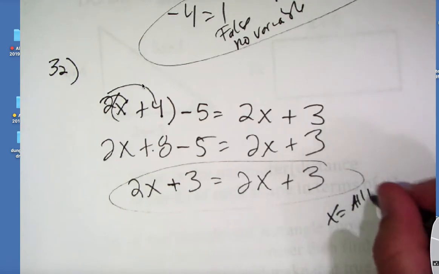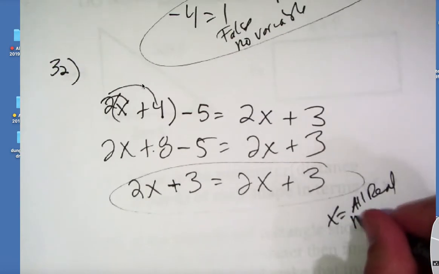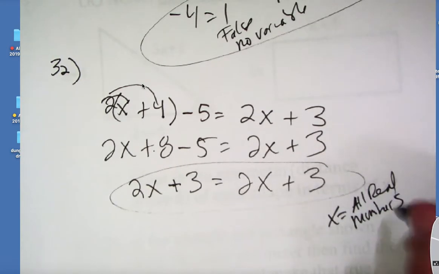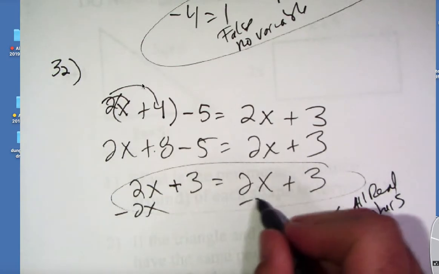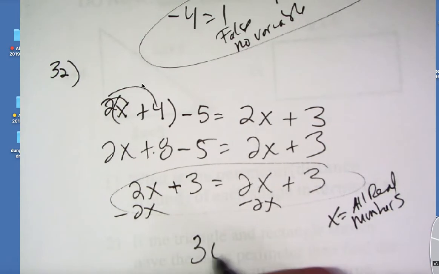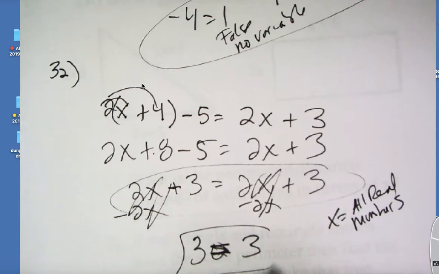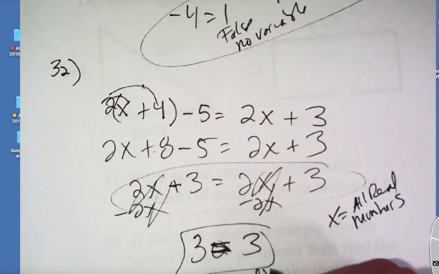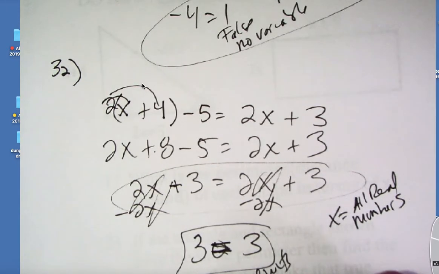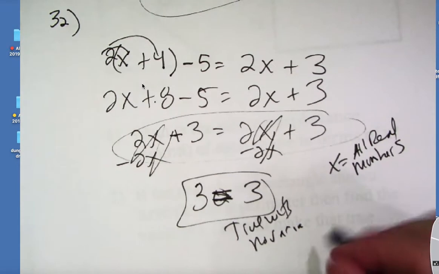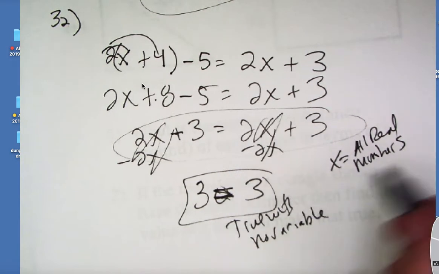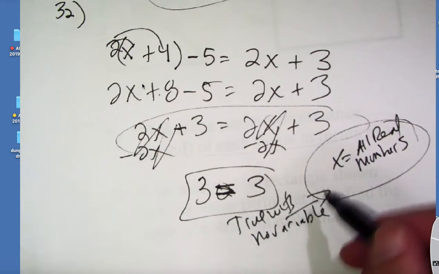Every number works. It's the same equation. But if you didn't realize it, you took away 2x, you get 3 equals 3. That's true with no variable. True with no variable, so that tells you all real numbers.